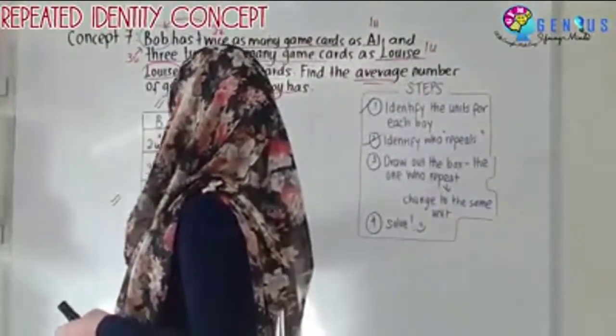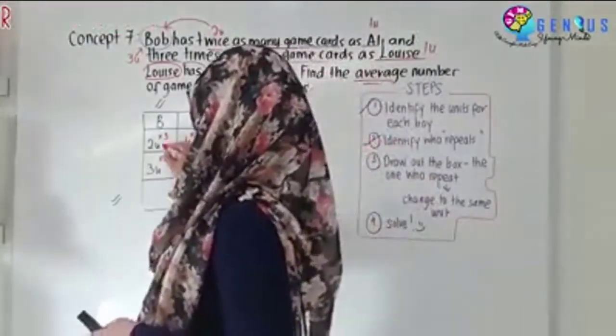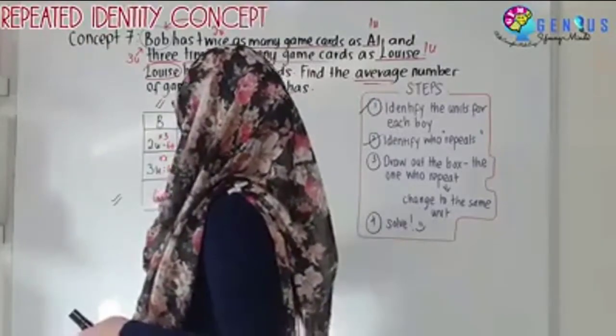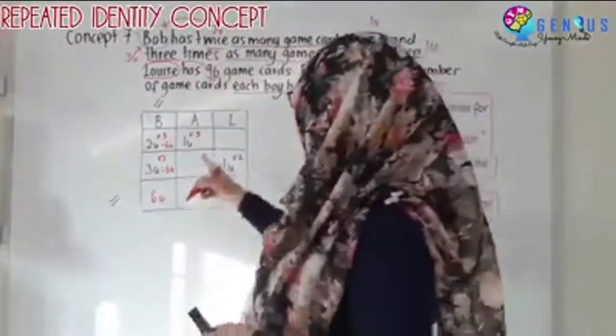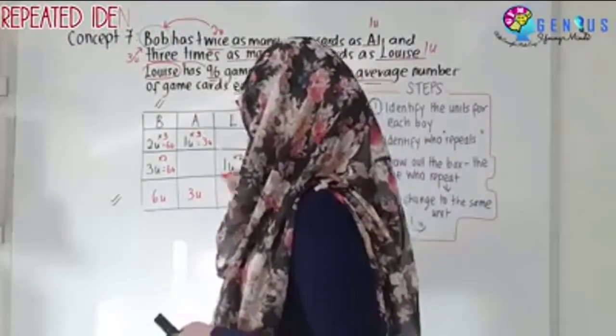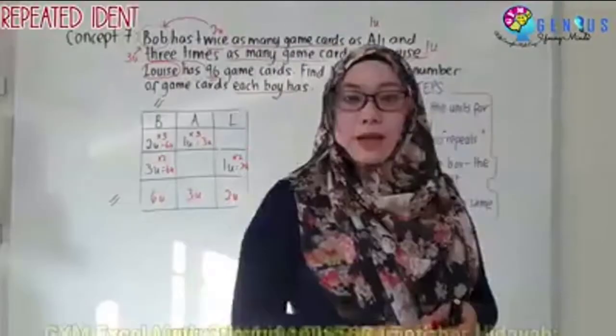Here times 3, here must also times 3. Here times 2, here must also times 2. Here I get 6 units. Here 6 units. Here it becomes 3 units, so the final unit is 3 units. Here becomes 2 units, so the final unit is 2 units.